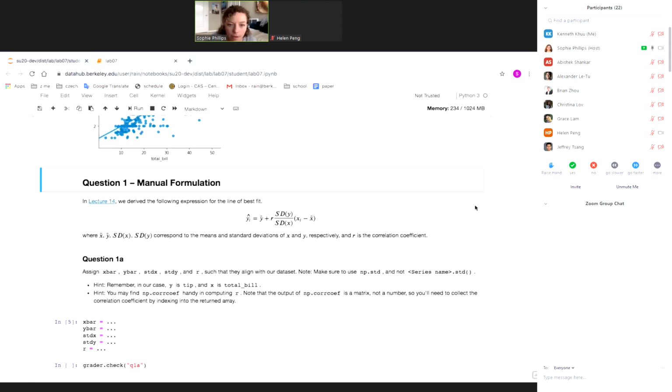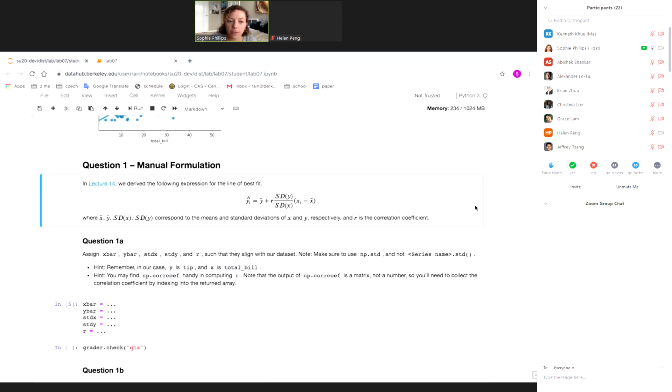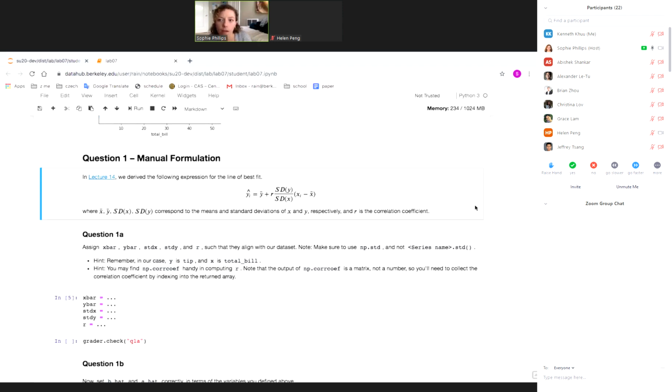So in lecture 14, Serge went over how to obtain the least squares estimates for the intercept and slope. They did this by using calculus to minimize the squared error and solving. If you want to review, check the lecture 14 notes. But the results we got were some form of this.